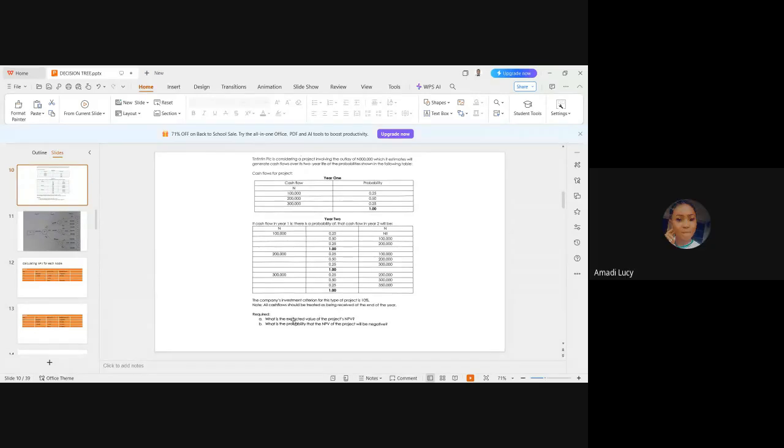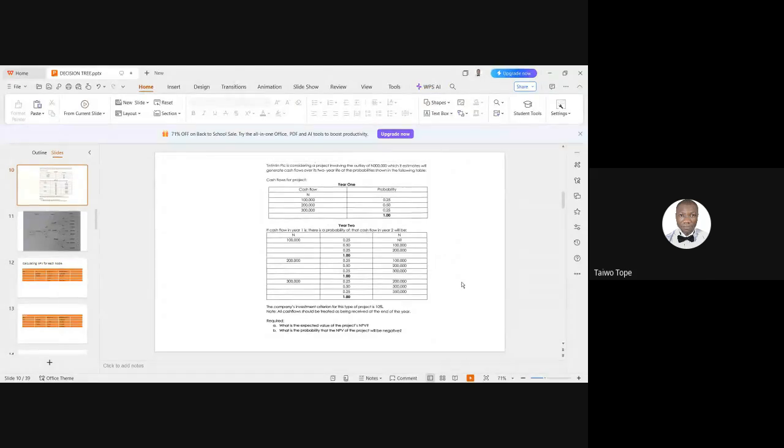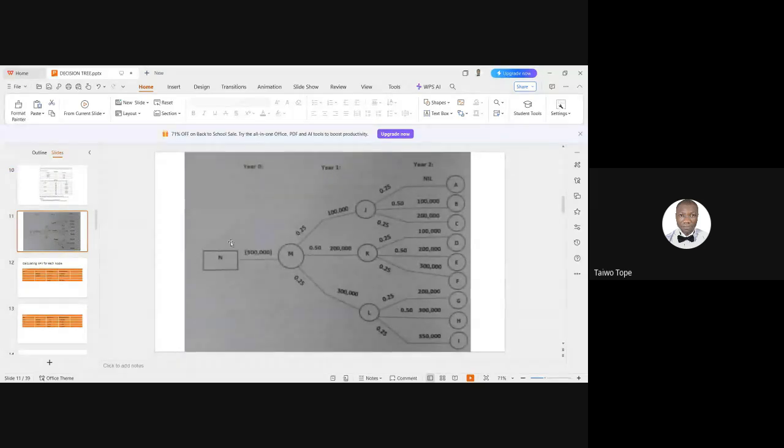Expected NPV. Now, from what we've solved, if M is 44,419, the decision for N, which is our investment now, the expected NPV will be what?